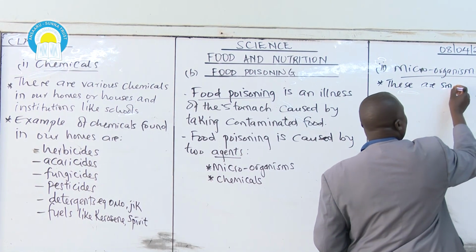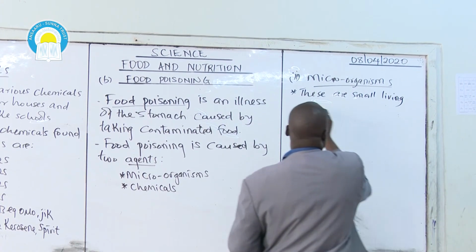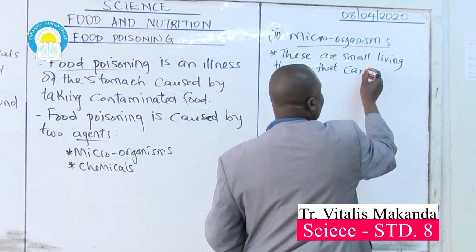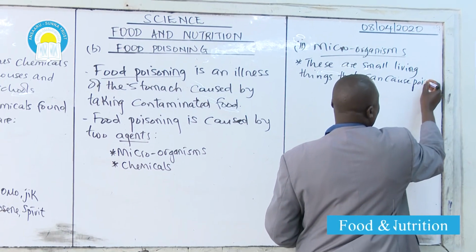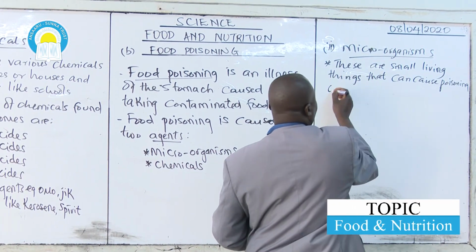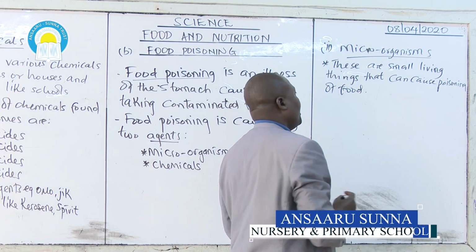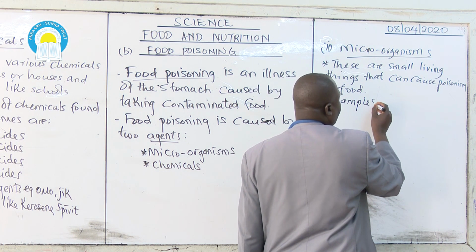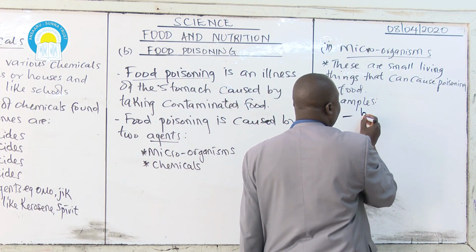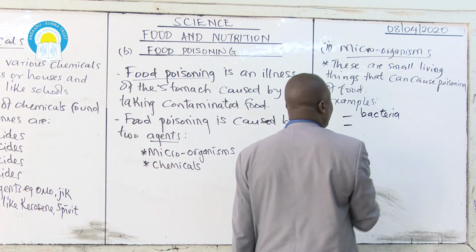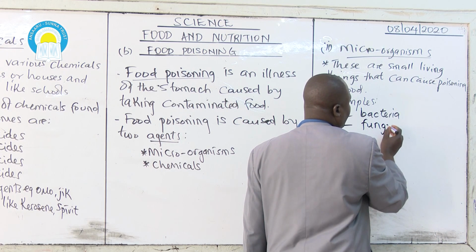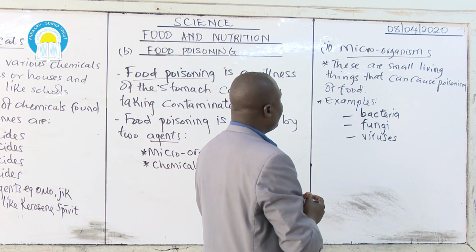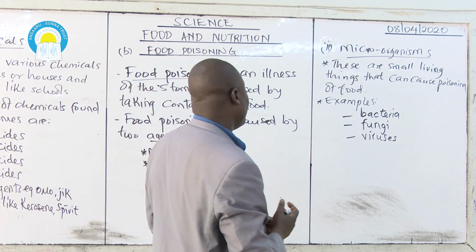Examples of this one are bacteria, fungi, and viruses. Those are some of the microorganisms that can cause food poisoning.